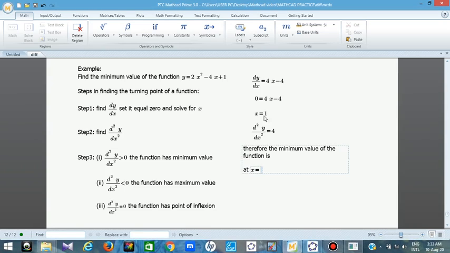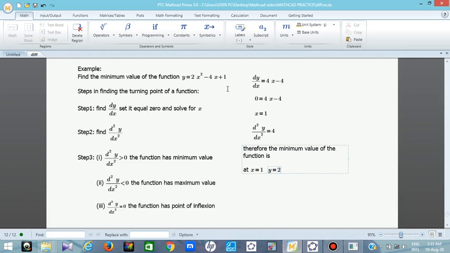You found x equals 1. At x equals 1, then let's find y. At x equals 1, y will be equal to what now? Come to your function and substitute.